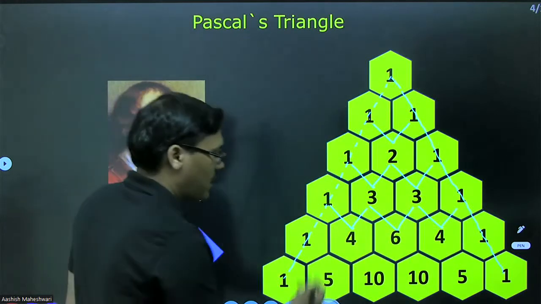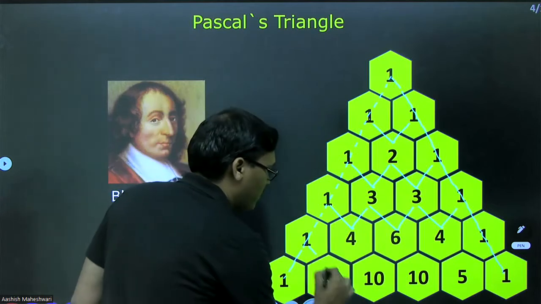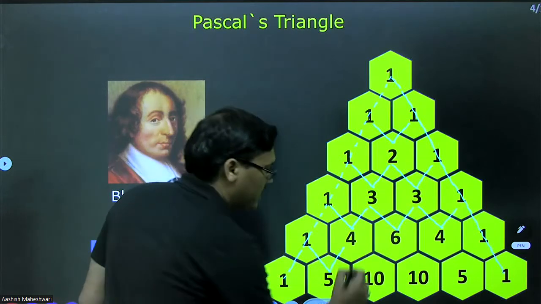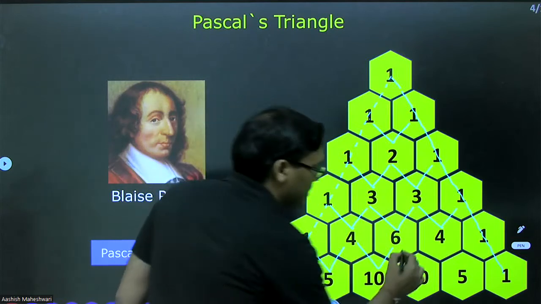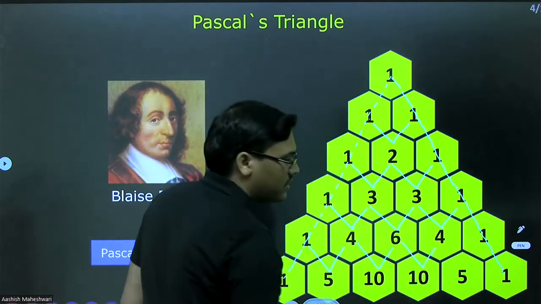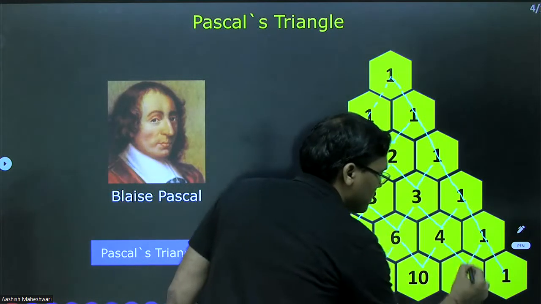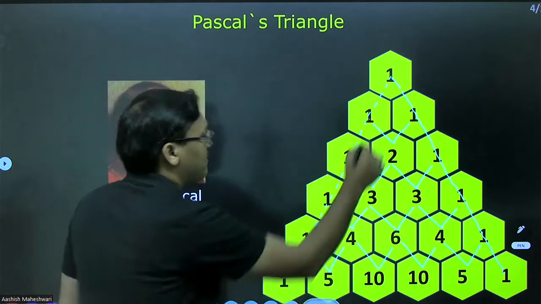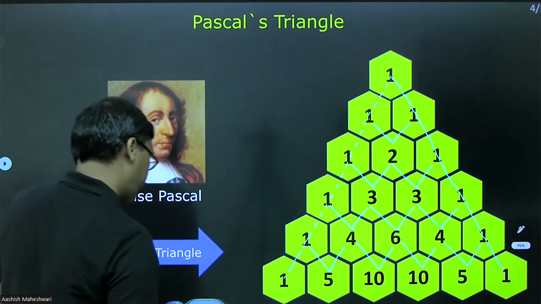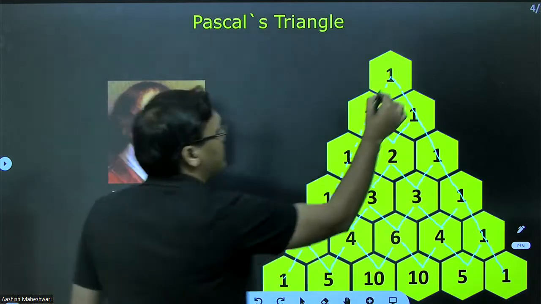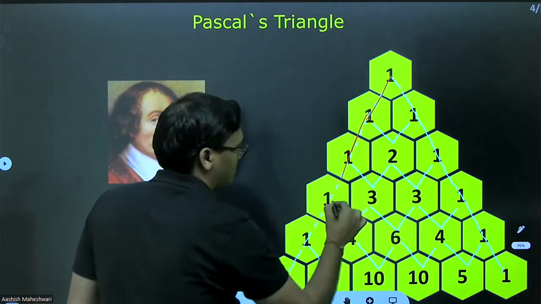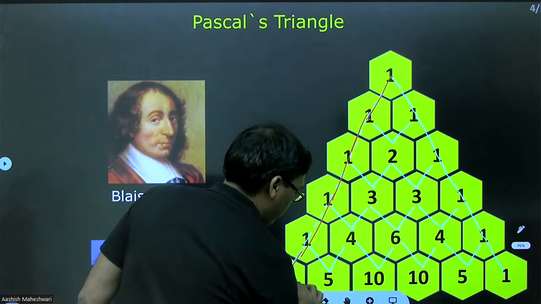Now if I follow the same pattern, 1 plus 4 is 5, then 6 plus 4 is 10, then 6 plus 4 again is 10, and 4 plus 1 is 5. So you can see I can just continue this in the same way till the last point.